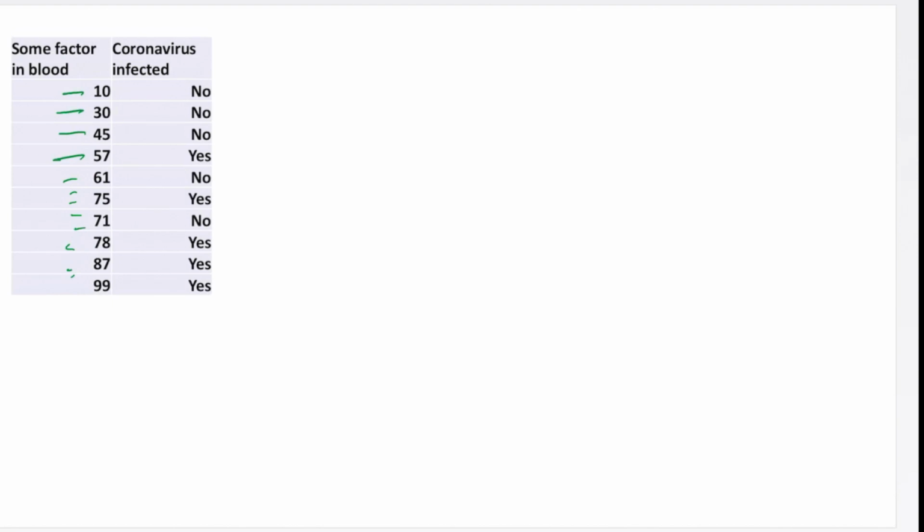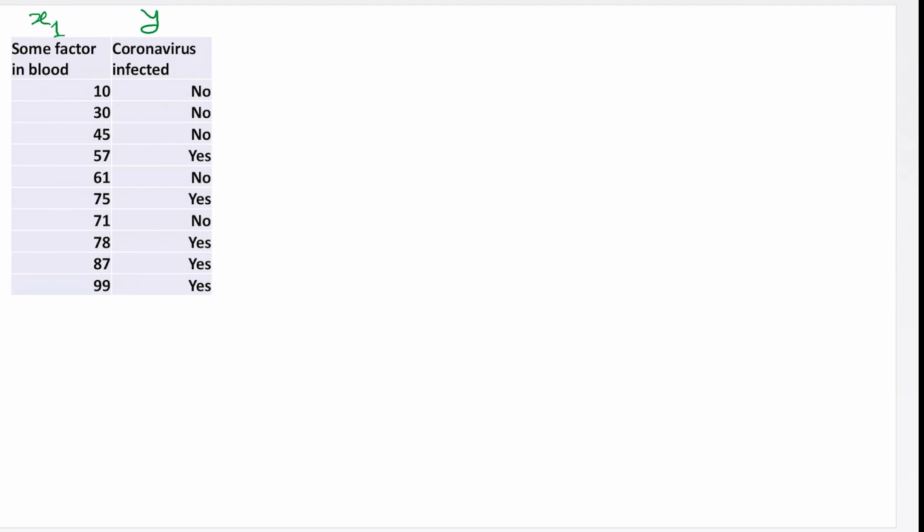And for these blood factors, in the second column we have the labels, whether the person who has a 10 blood sample or 10 units of factor in the blood is a corona infected patient or not. And we have yes or no labels in this part. Therefore, this first column is actually x1 in our linear regression model, and the second column is y.